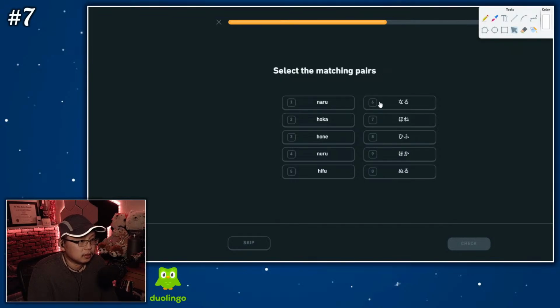Naru. Naru. なる. Naru. Hone. 骨. Hifu. 皮膚. Hifu. Oka. 他.